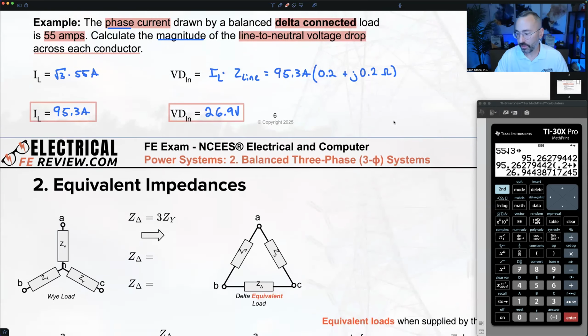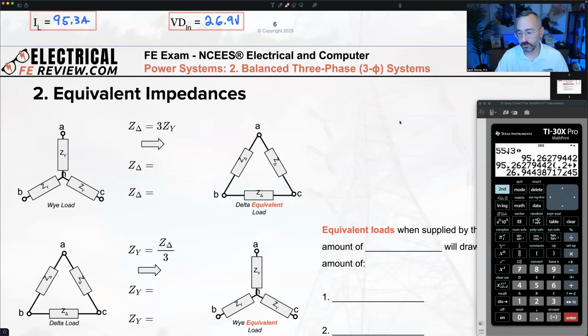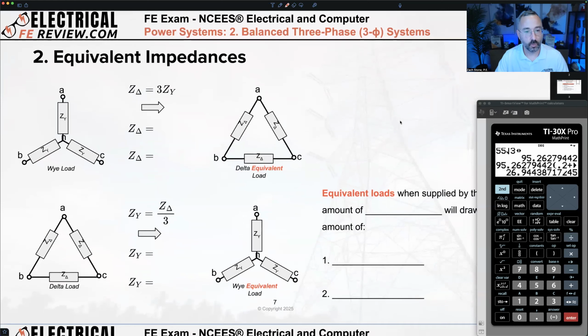All right, let's look at the next example. We're on page 7, looking at equivalent impedances. The formula reference handbook says we can calculate the delta equivalent load, or the delta equivalent impedance, by multiplying our balanced Y connected impedance by 3.